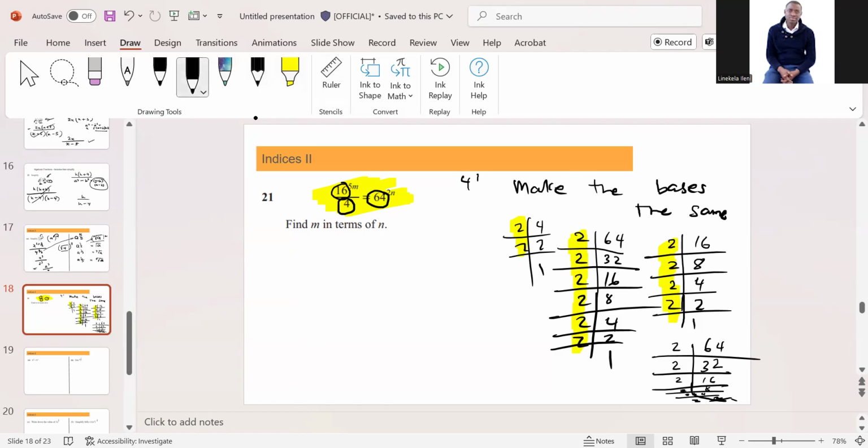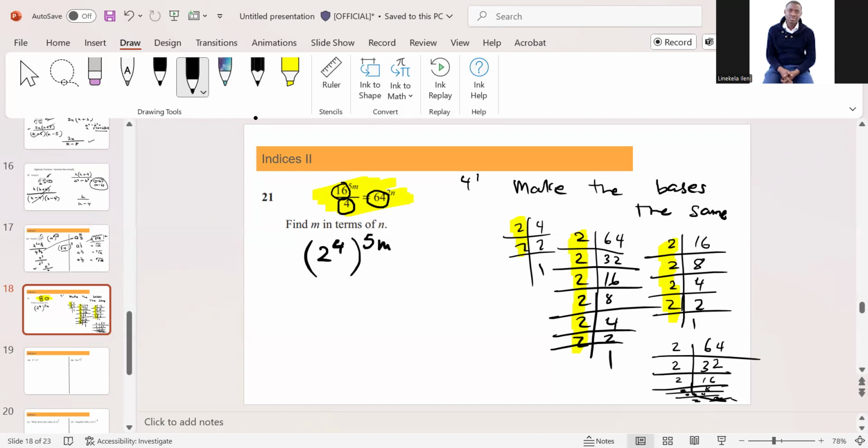How many 2's does it take to make 64? How many 2's does it take to make 2? So I can rewrite this now. Instead of writing 16, I'll write 2 to the power of 4, but I must also be careful, because there was still the 5m. So it's 2 to the power of 4, all to the power of 5m.